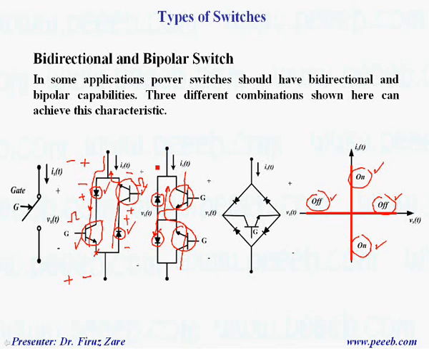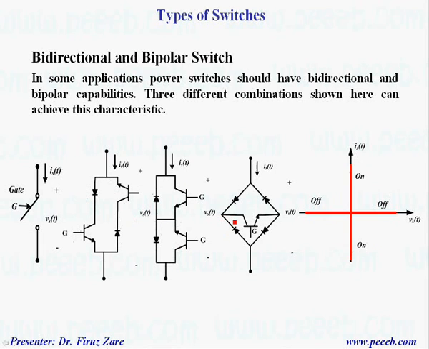When we have positive voltage across the switch, in this leg one of the diodes can block, for example this one, and in this case, this switch can block. When we have negative voltage, again, one of the diodes can block in this leg, and one of the switches can block. So again, this configuration can block positive and negative voltage.